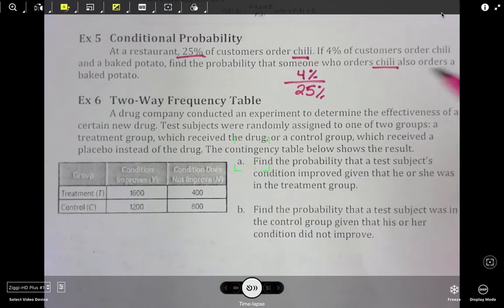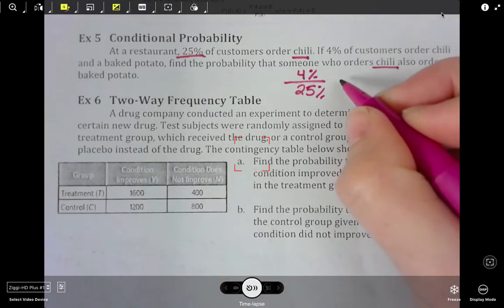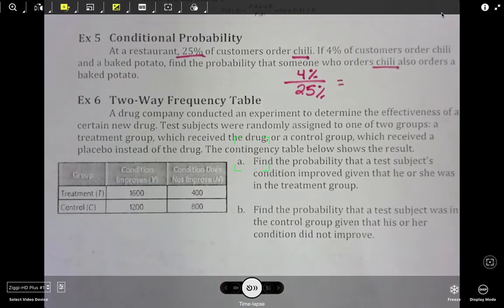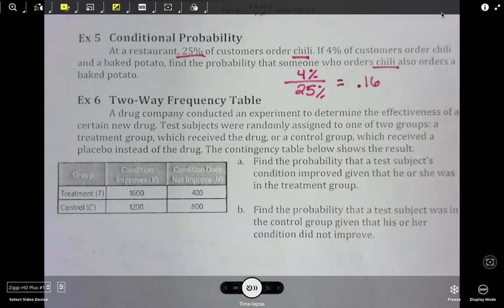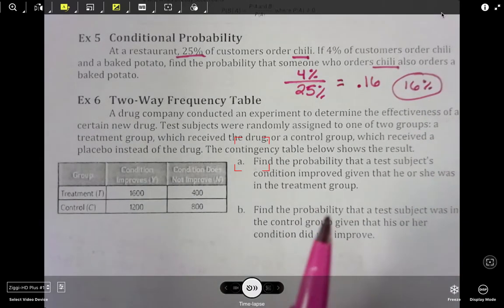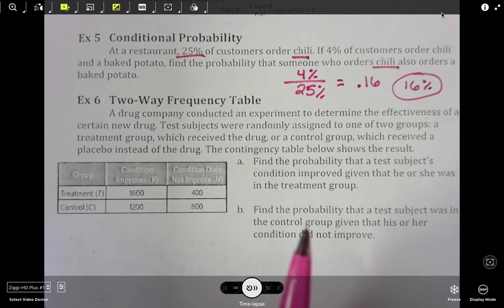So 4 over 25, you can reduce that and figure out what that is as a decimal, and it's like 0.16 or something. So 16% of the chili orders are also baked potato. Okay, that one was kind of difficult to understand because it was percentages.